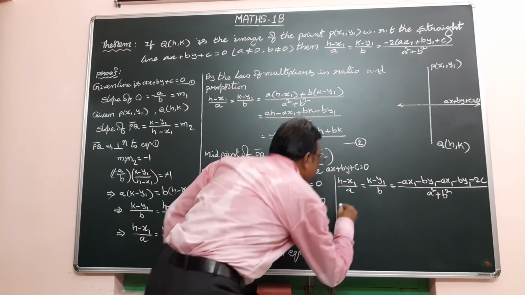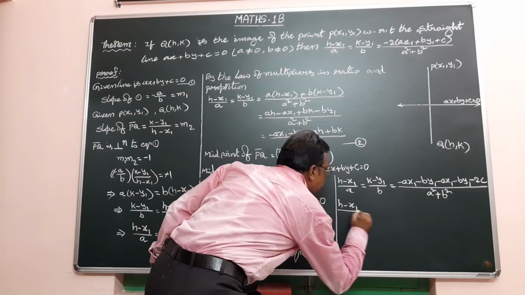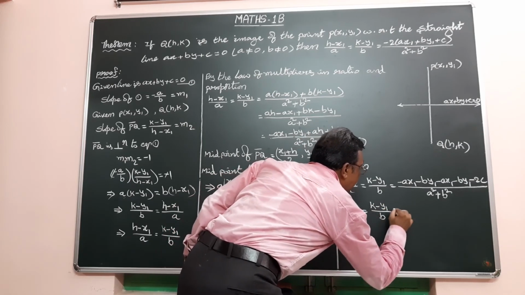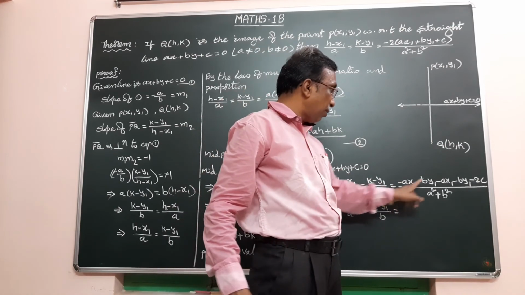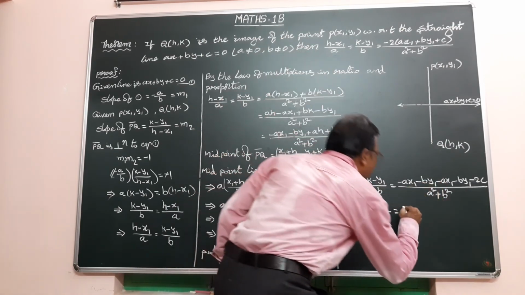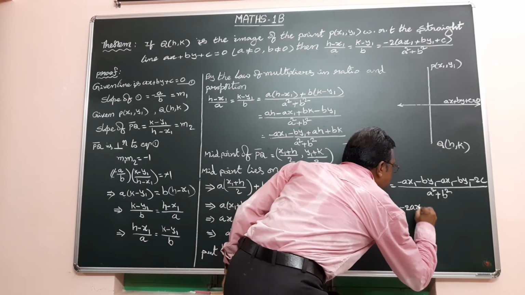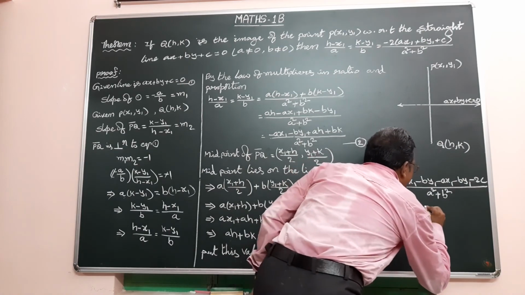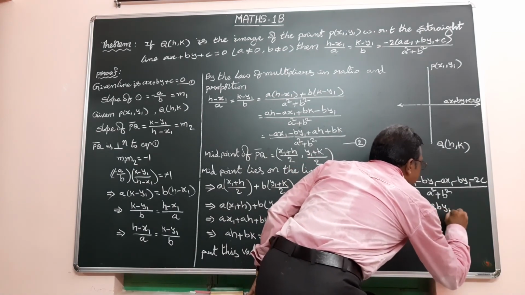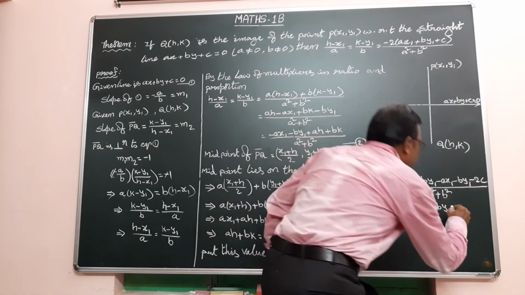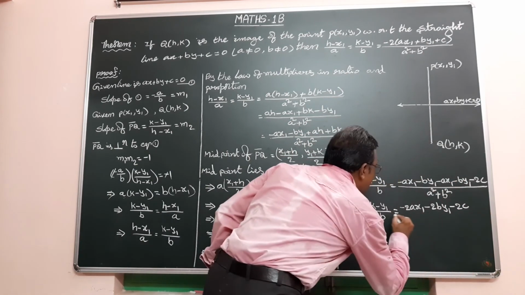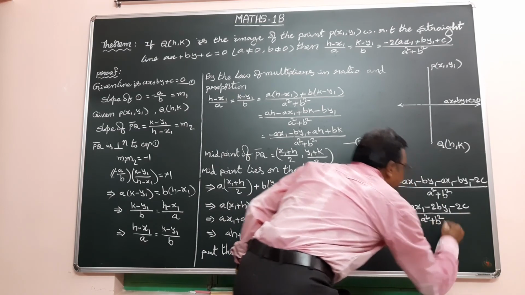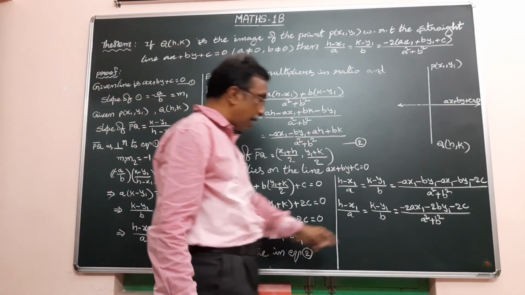Simplify that one. H minus x1 by a equal to k minus y1 by b equal to minus ax1 minus 2ax1 minus by1 minus 2by1 minus 2c by a square plus b square. Now observe this one.